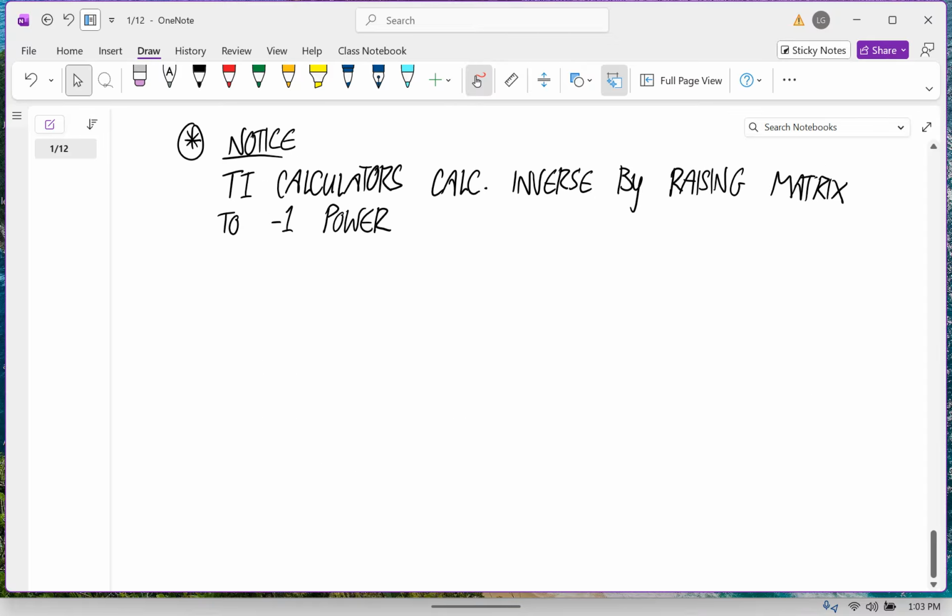The third definition is a square matrix. And this has a very intuitive meaning. It has the same number of rows and columns.